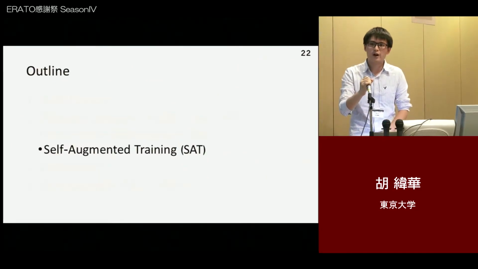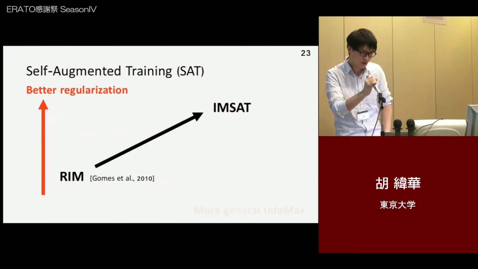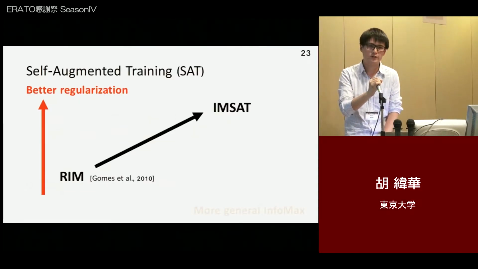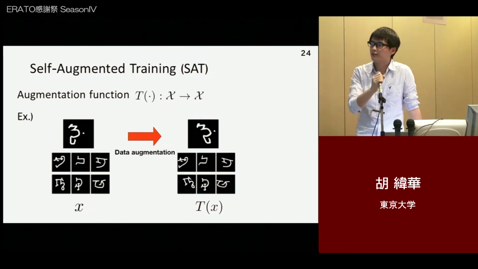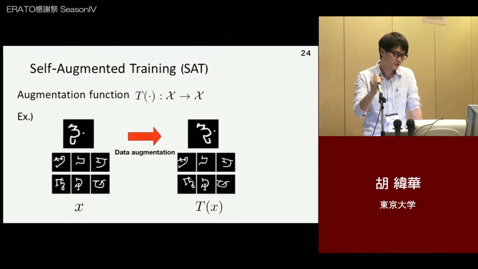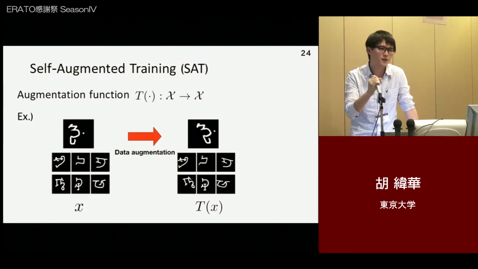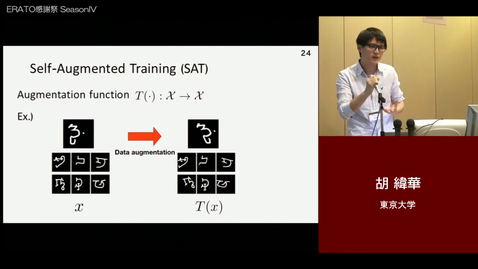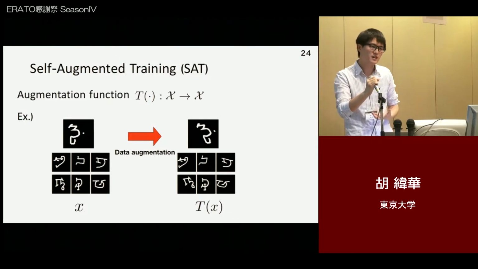Then I'm going to talk about our method for better regularizing neural networks, which is in this direction. So before that, let me define this augmentation function. So we define augmentation function as a user-specified transformation that preserves the meaning of data.